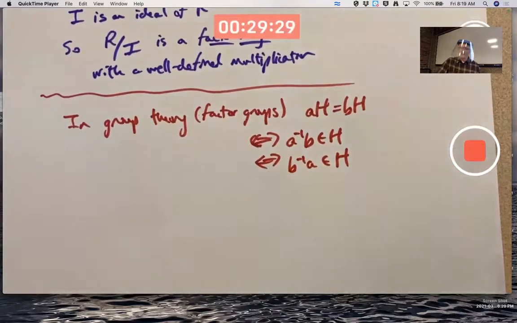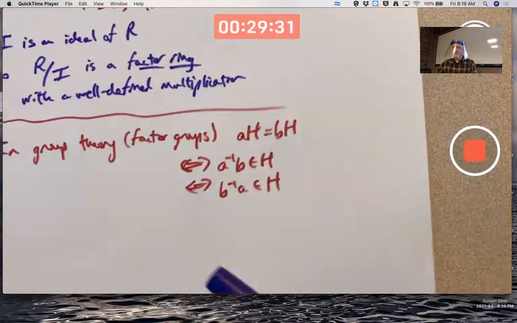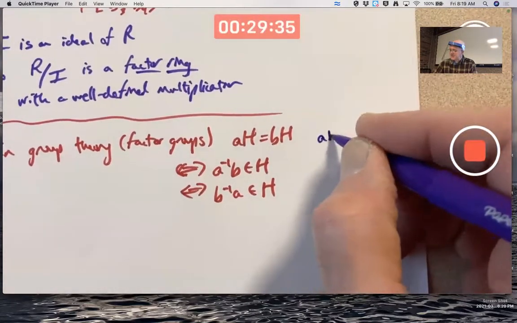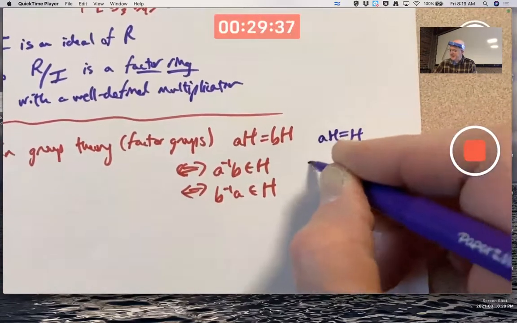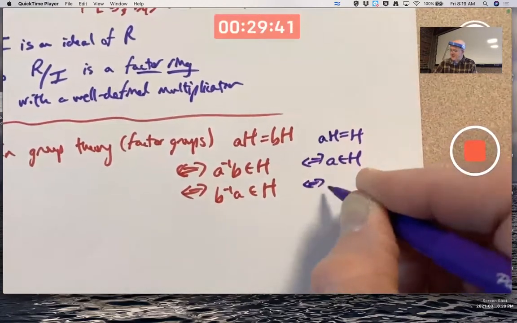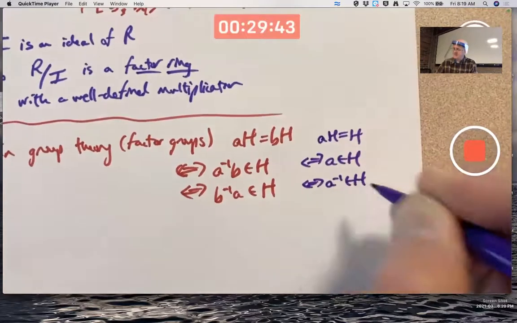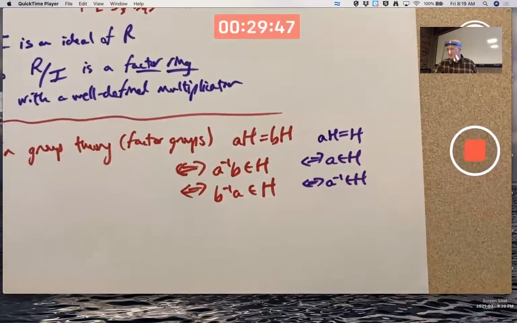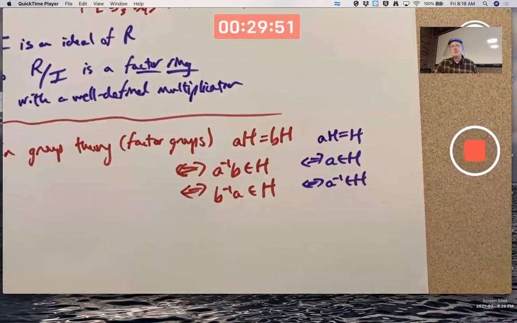This also applies to a special case when B is the multiplicative identity E. AH equals H, in fact, if and only if A itself is in H, which is also equivalent to A inverse being in H, when H is a subgroup of G. This was true even if H is not necessarily a normal subgroup. You could still talk about these cosets in this way, though you wouldn't talk about factor groups if H was not a normal subgroup.